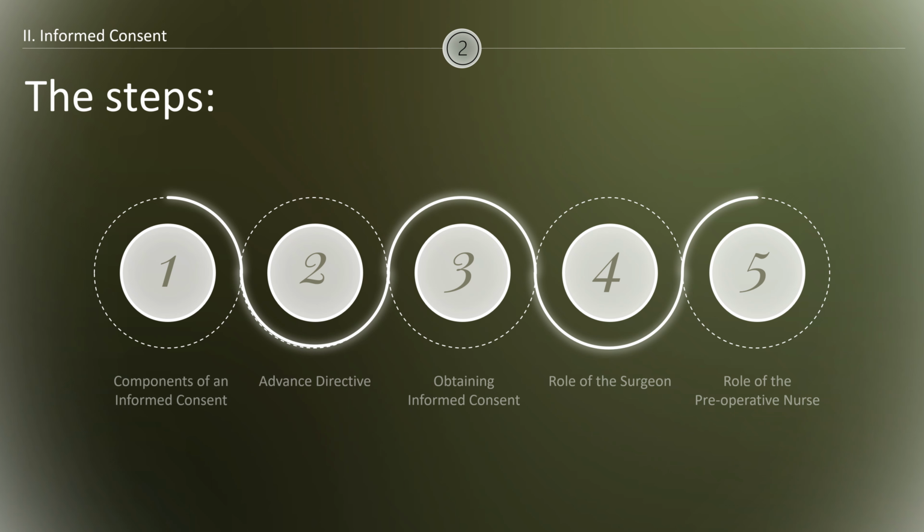Another component of the informed consent is consent for blood products. Another NCLEX question: people who have different religions might refuse to get blood products. It might be part of the surgical consent or separate.